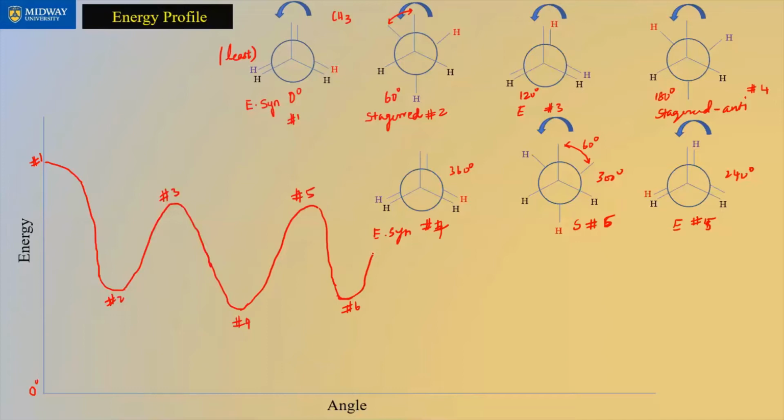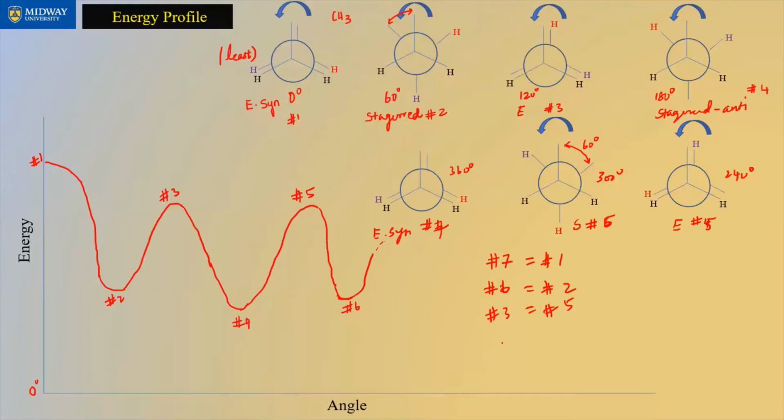So I'm not going to extend it. I'm just going to say it should have the same energy as number 1. Number 5 and number 6 and 2 should be the same. Think about it. It's only one gauche interaction and it's only on the left or right side, but that's not going to change. And number 3 and number 5 should be the same.